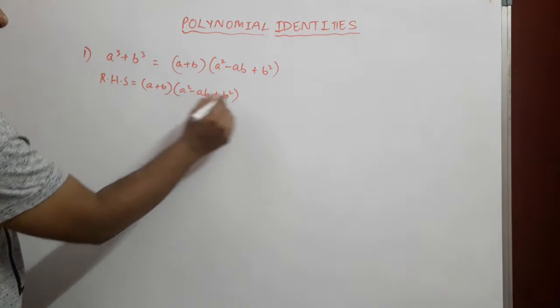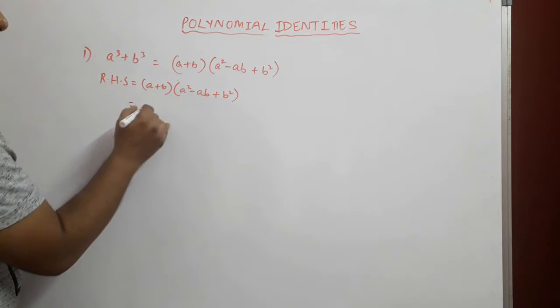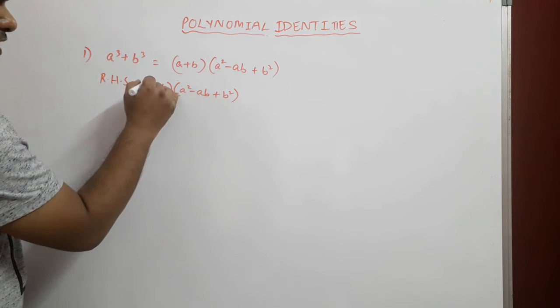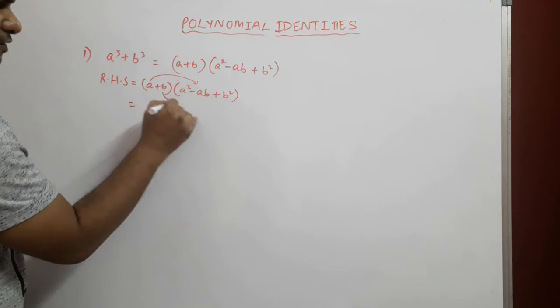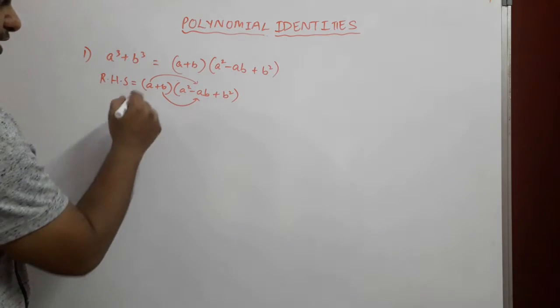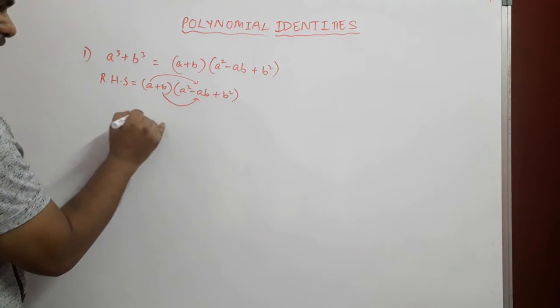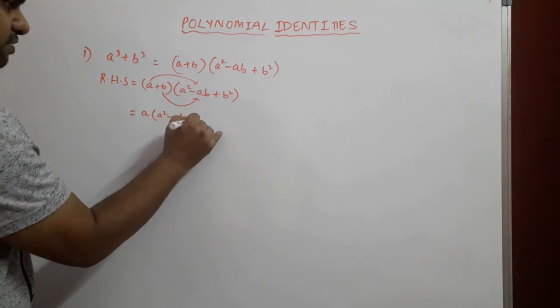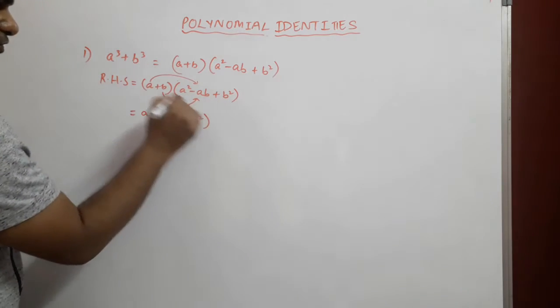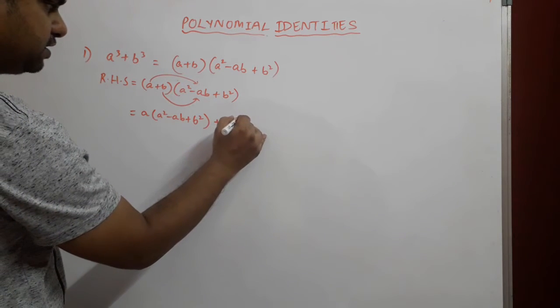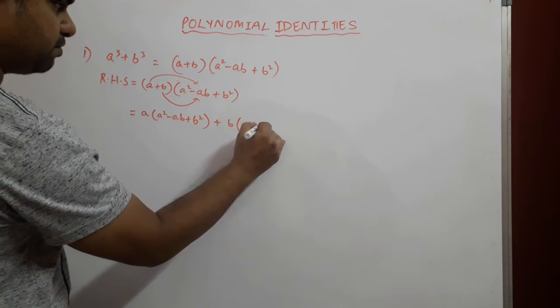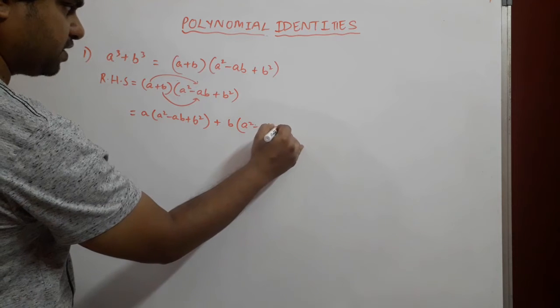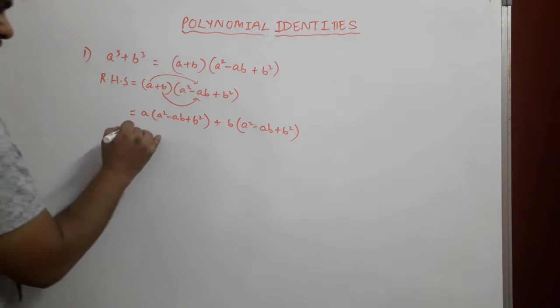Now we need to open the bracket. For that we'll multiply a into this entire bracket, followed by b into this entire bracket. So we write it over here: a into a square minus ab plus b square, followed by plus b into a square minus ab plus b square. Now we open the bracket.